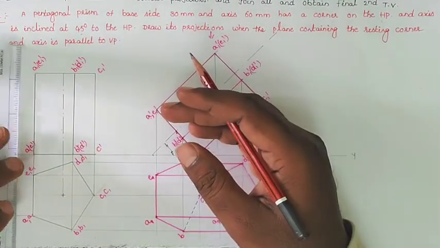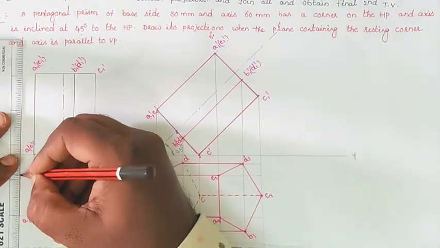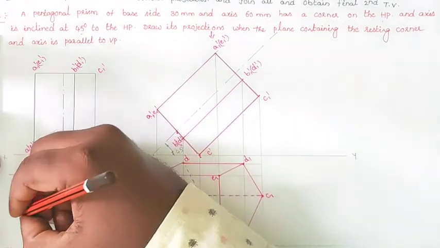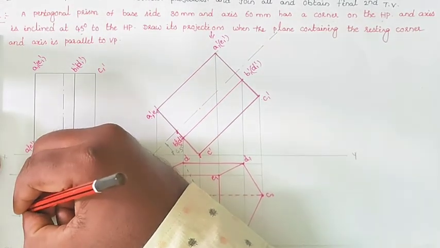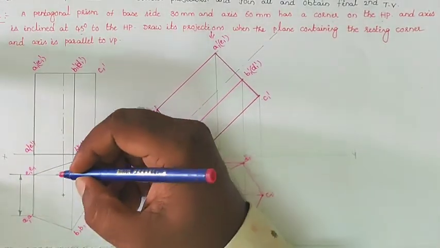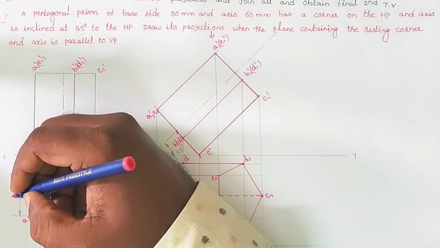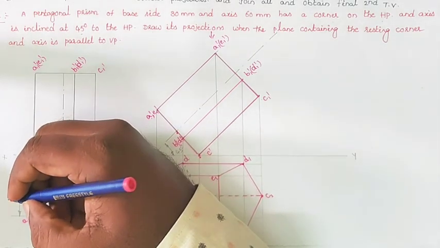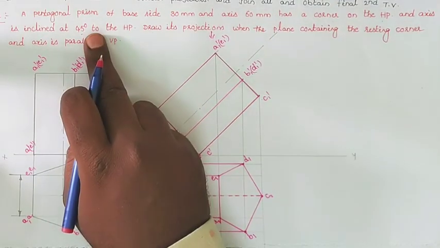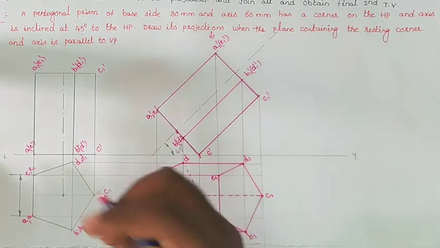We will draw a side perpendicular to the reference line and construct our diagram as the top view. After drawing the top view, locating its center point, from that center we will draw the axis line with a length of 60 mm and construct the front view as a rectangular face. Now you can tilt the first front view with an angle of inclination of 45 degrees, keeping the corner resting on the reference line.